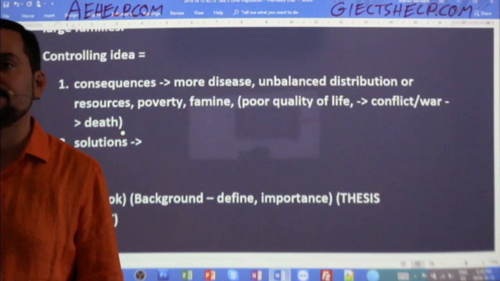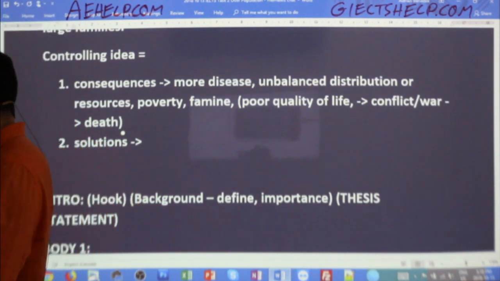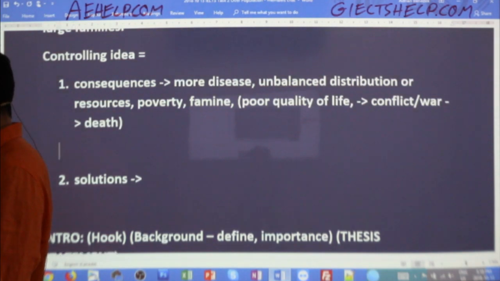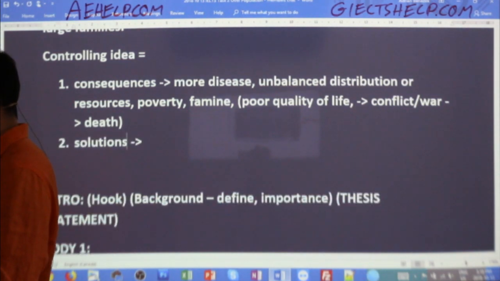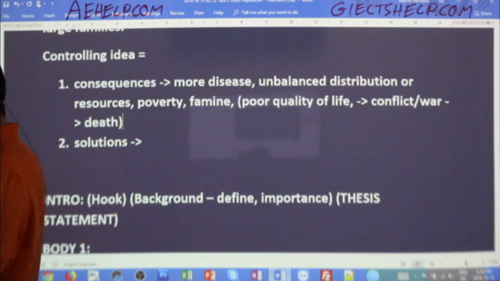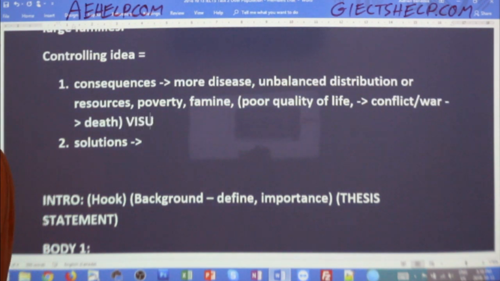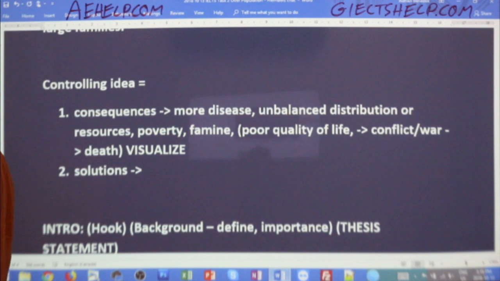Okay, good. All right, now that we have identified that, remember, members, visualize and think outside the box. That's an important point to keep in mind for this. An important idiom is think outside the box.